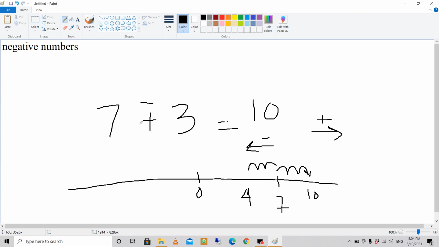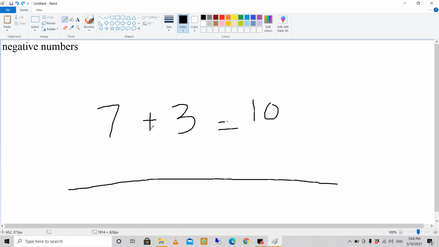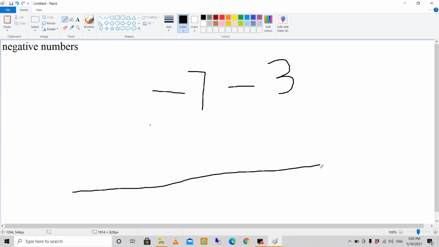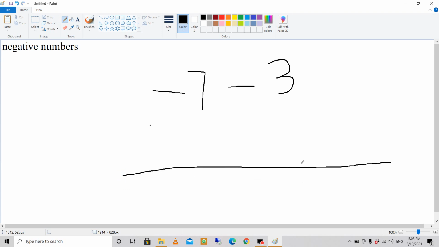So next thing is dealing with the negative numbers. Rather than 7 plus 3, let's say we have a question -7 -3. Here -7 is a negative number, and we are further subtracting 3 from a negative number. So let's draw the number line again. This is 0, -1, -2, -3, and we have -7 somewhere over here.